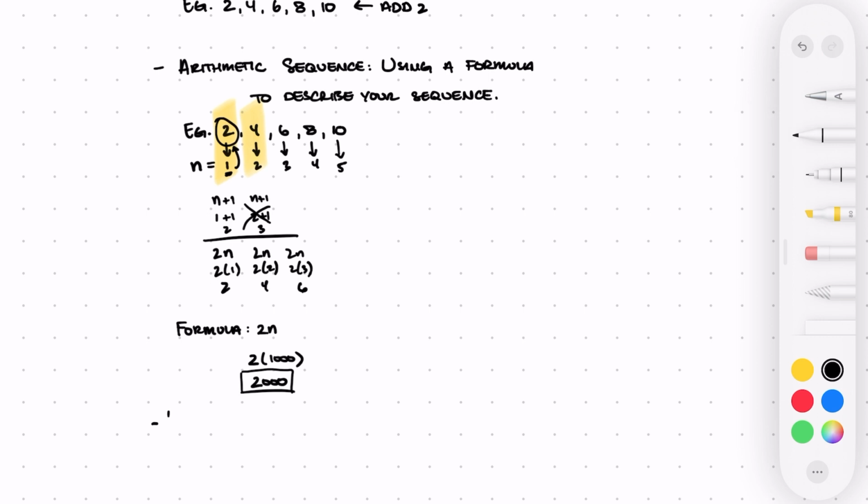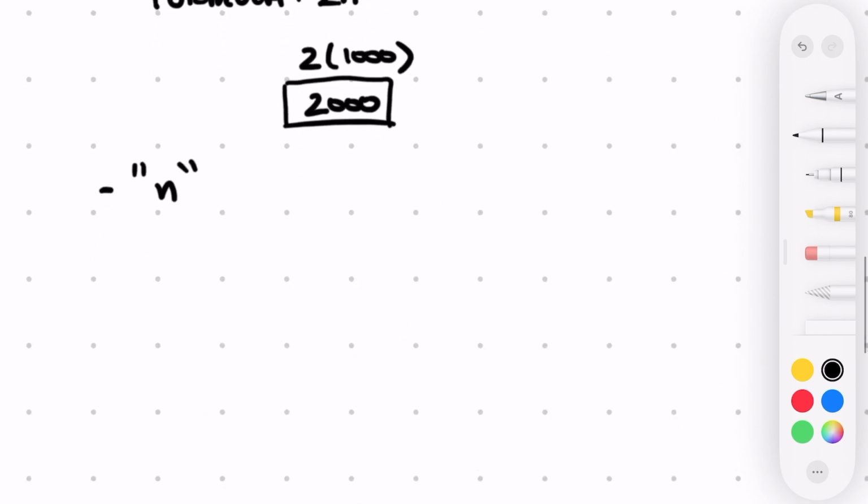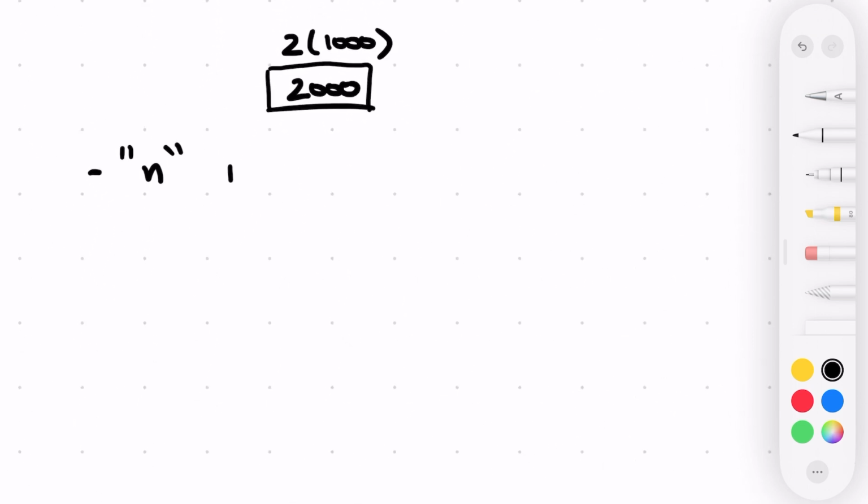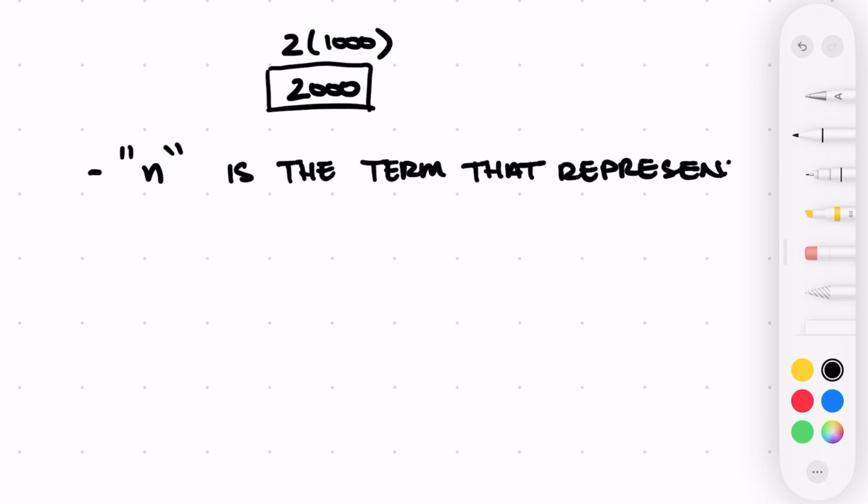Okay, so the n, and I'm going to use parentheses, the n, and let's zoom into that, is the term that represents which number you are looking for in the sequence.